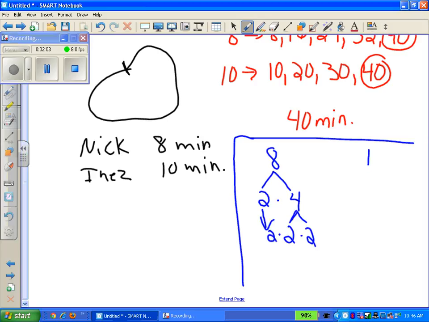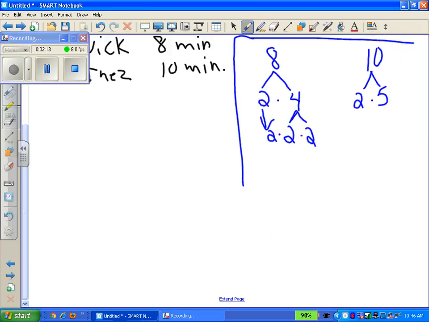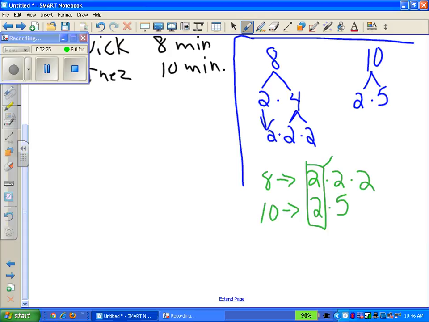And then 10, using prime factorization, that would be 2 times 5. Now I'm going to list them here. So 8, we've got 2 times 2 times 2, and 10 minutes, 2 times 5. They have a 2 in common, so I'm only going to use that one time.